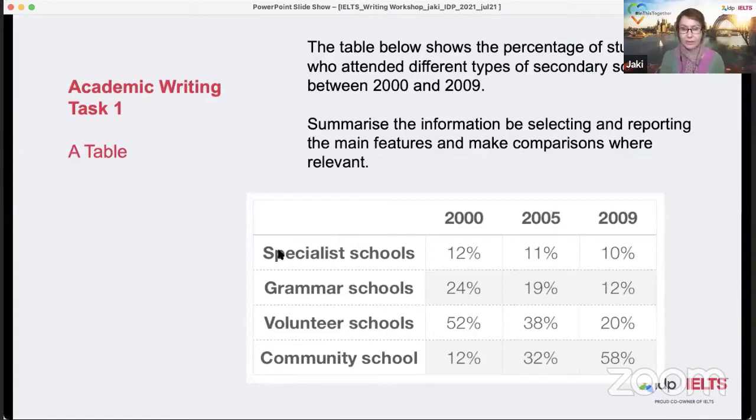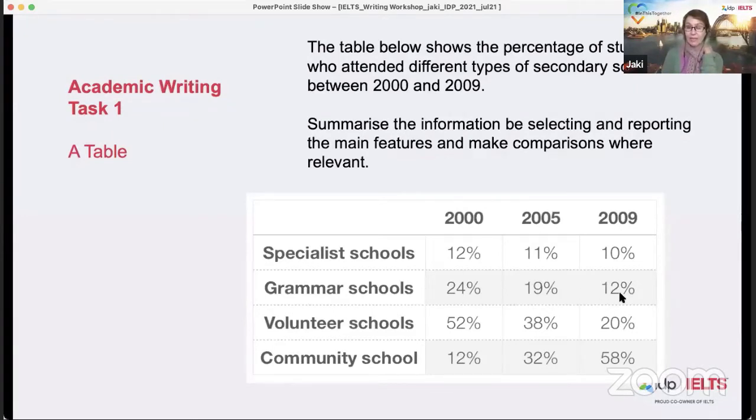So let's try and understand what's going on. We've got specialist schools. We've got 3 years, 2000, 2005, 2009. So specialist schools, what happened? Up or down? Remember the questions we ask ourselves, up or down? Yeah, just a tiny bit, Ro. This would be marginally decreased. Yep. Grammar schools, what happened? 12, 19, 24. Yeah. It dropped by how much? 12 to 24.